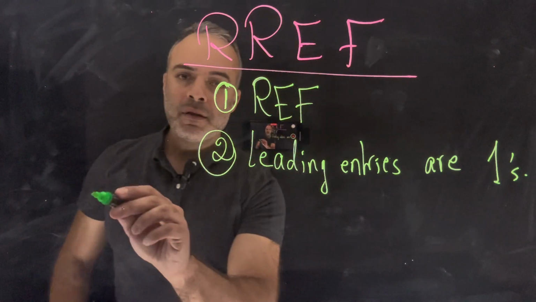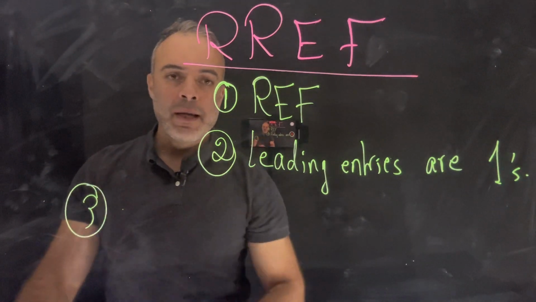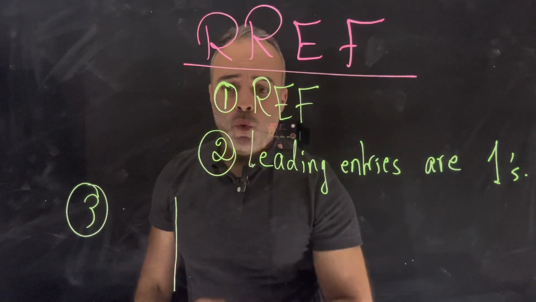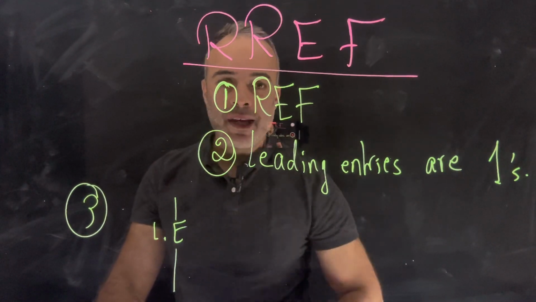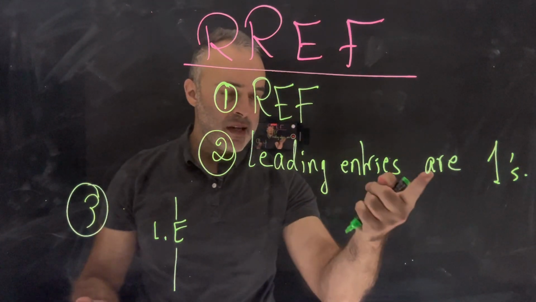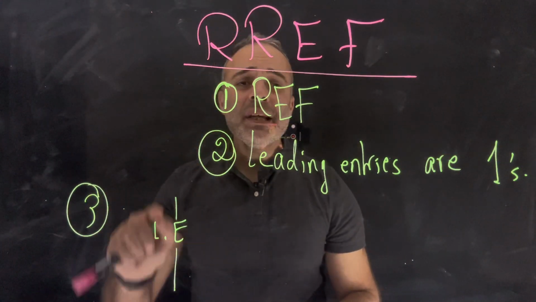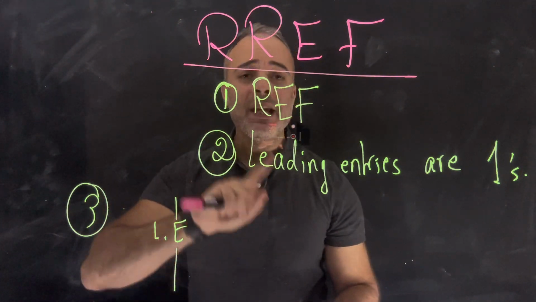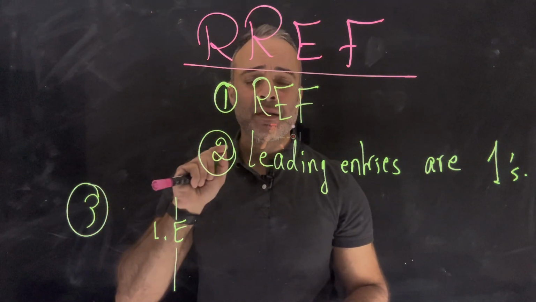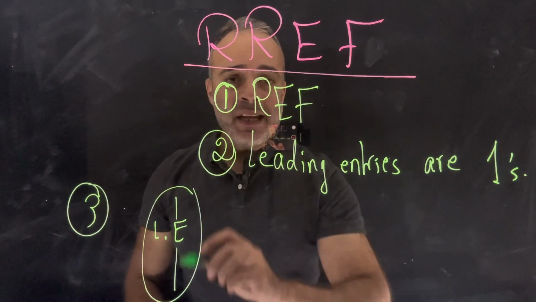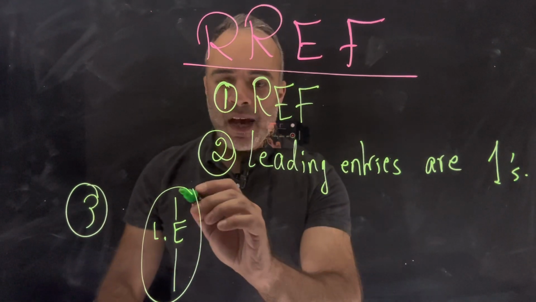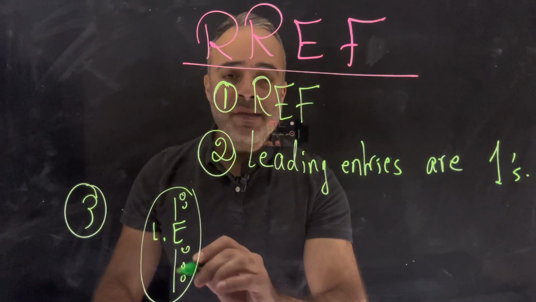Third condition, every column which contains a leading entry, which is actually, as we said here, 1, must only contain this leading entry as the non-zero element. In other words, all the columns which contain leading entries must have all the other entries as zeros.